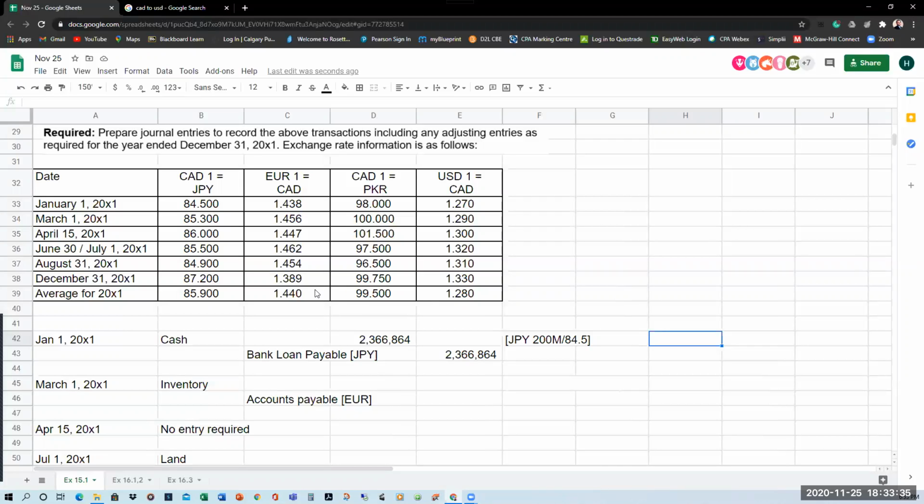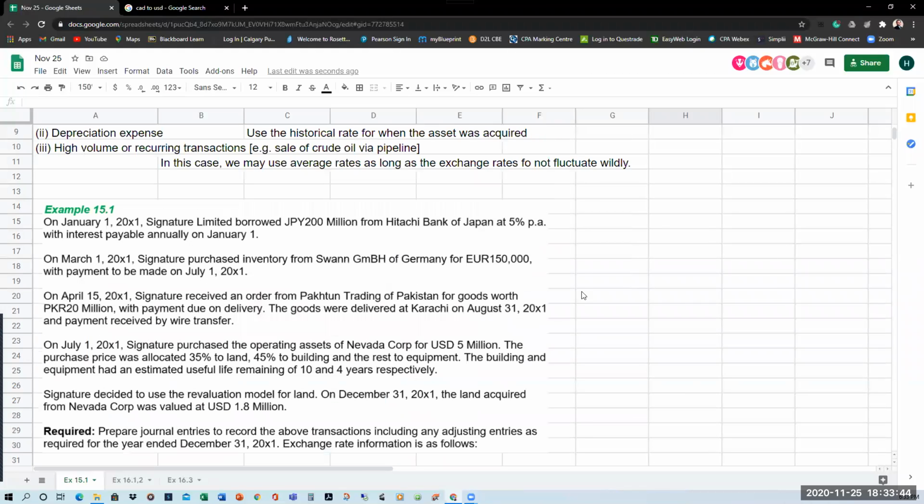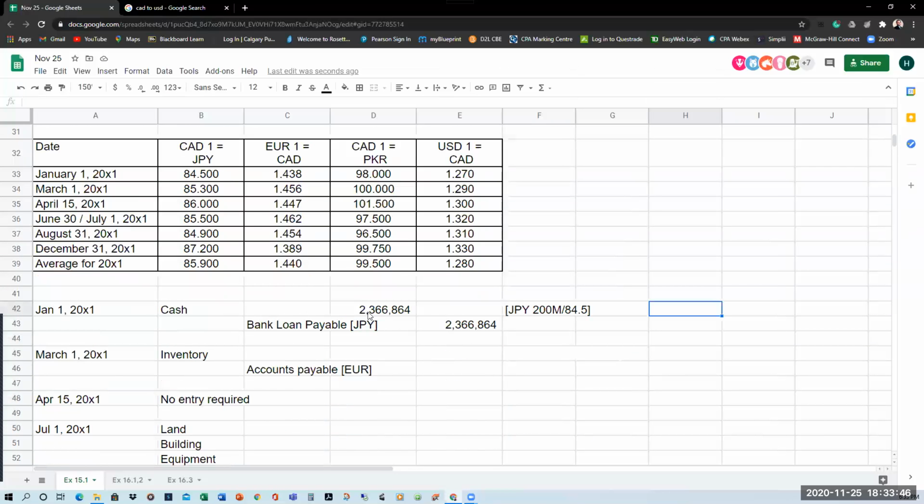You will divide by the exchange rate. So 200 million yen borrowed is equivalent to 2,366,864 in Canadian dollars. Is that okay?